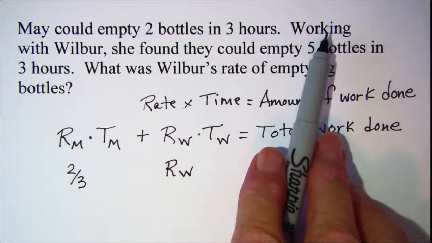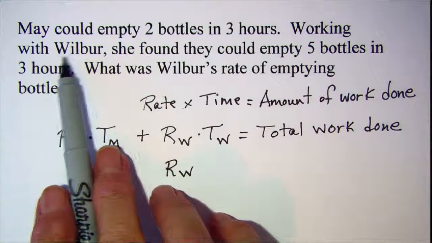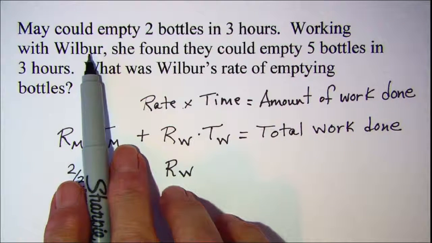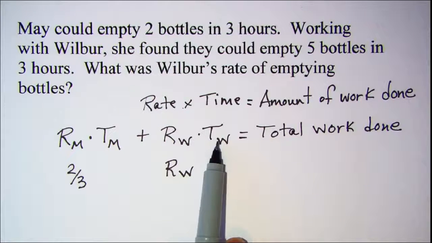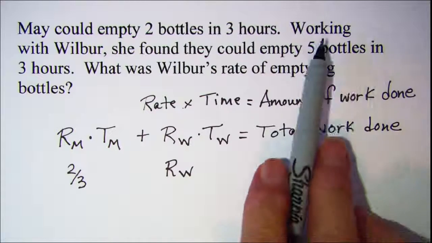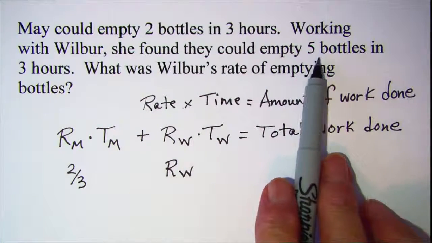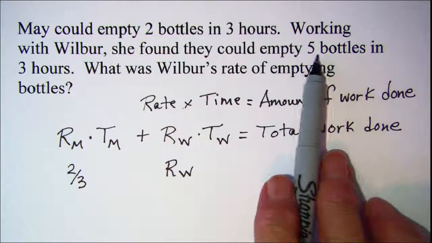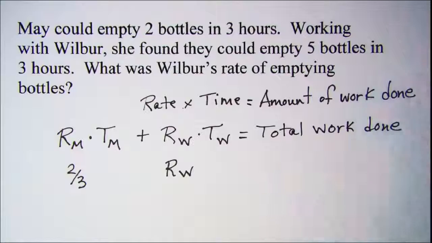Now the second sentence, working with Wilbur. Whenever they give you information about the 2 working together, that's going to be the amount of time that they spent and the total amount of work done. So it says, working with Wilbur, she found that they could empty 5 bottles. So the total amount of work that they did together is emptying 5 bottles.